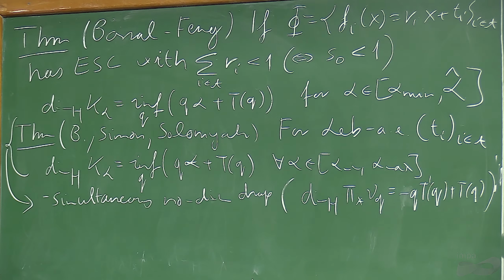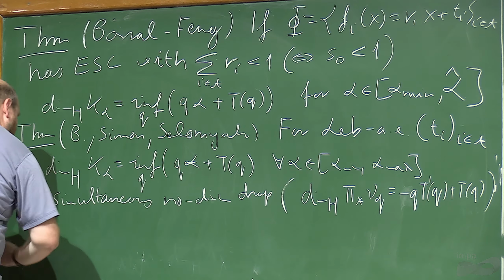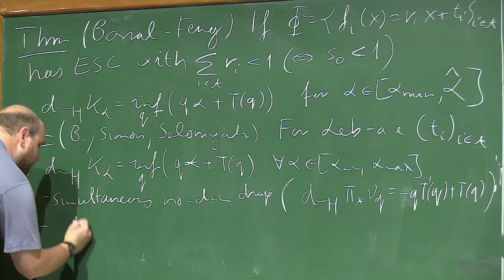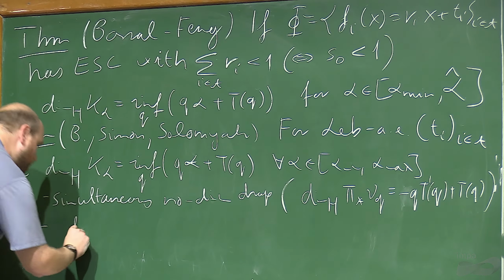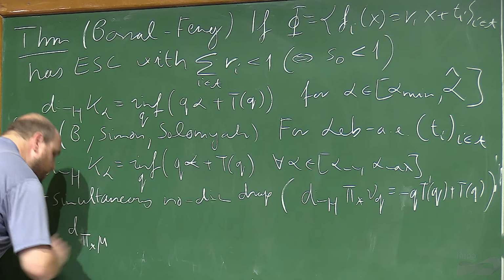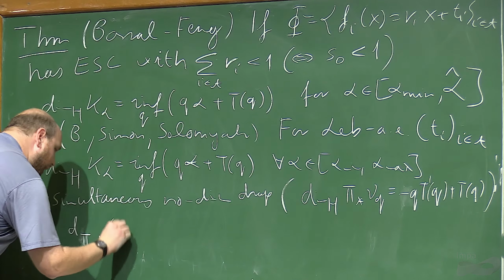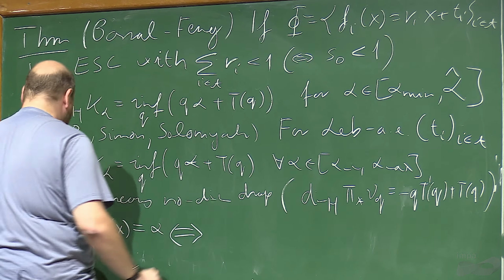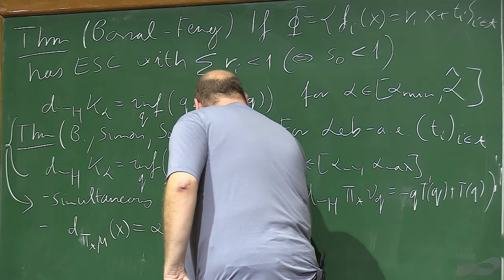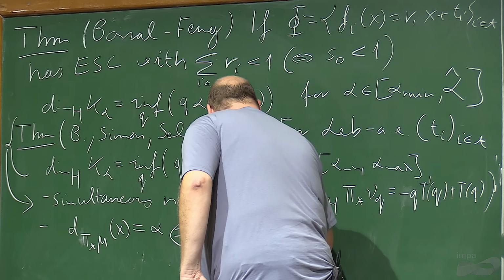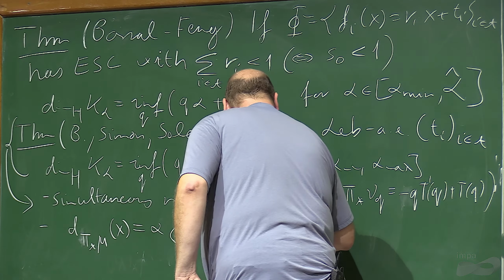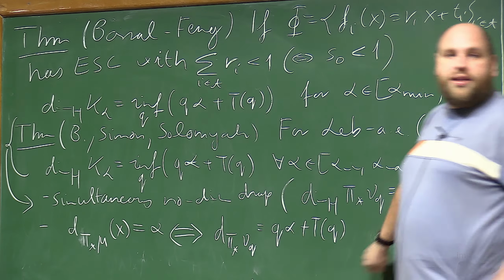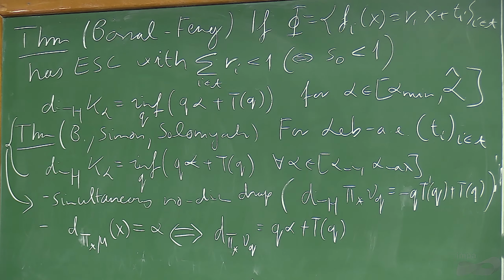But the second part, which is also required, is missing, because I also need to understand that the local dimension of this projection of the mu measure at x can be alpha if and only if the local dimension of this nu q measure equals q times alpha plus tq. This is the next step which is missing.